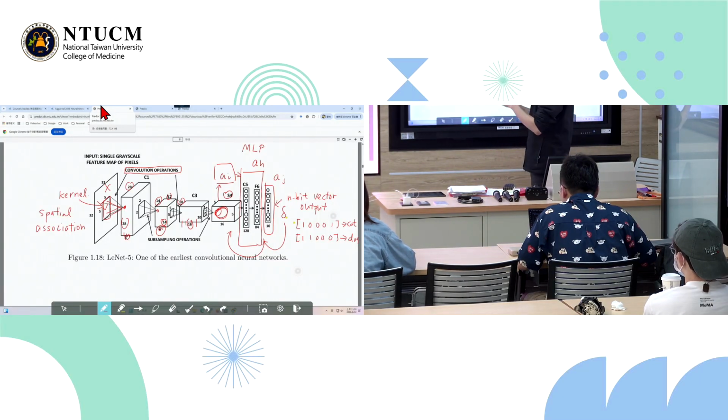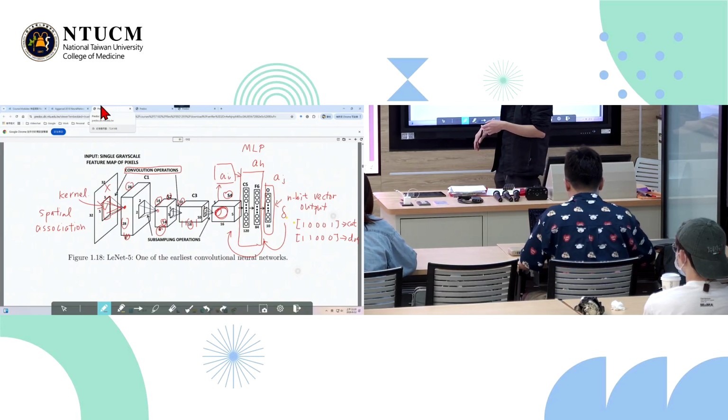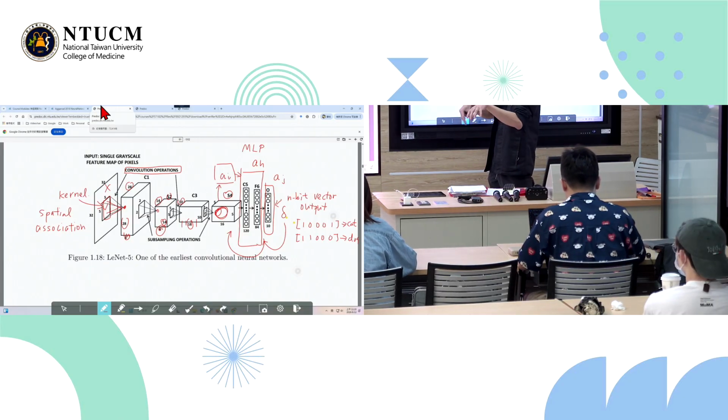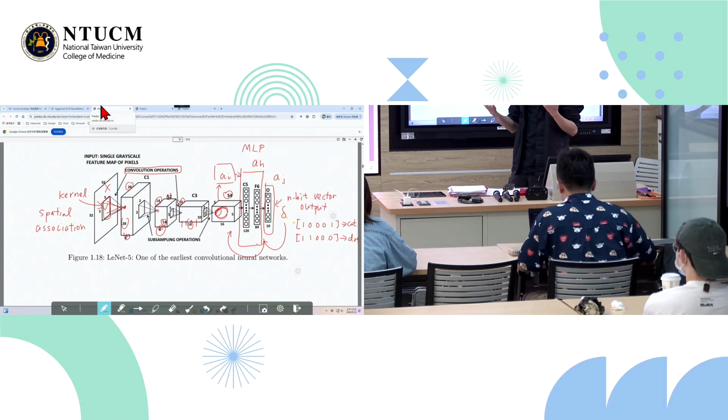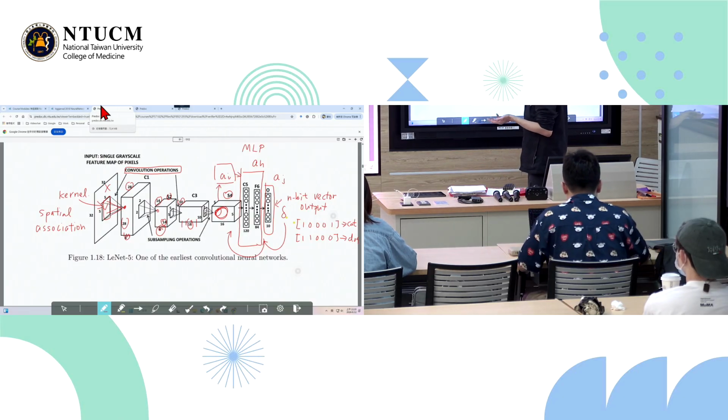So whatever the excitatory layer is responding, you can feed it into an MLP and train that MLP to say, whenever you see this pattern in the excitatory layer, say that you see a cat. Say that you see a dog.